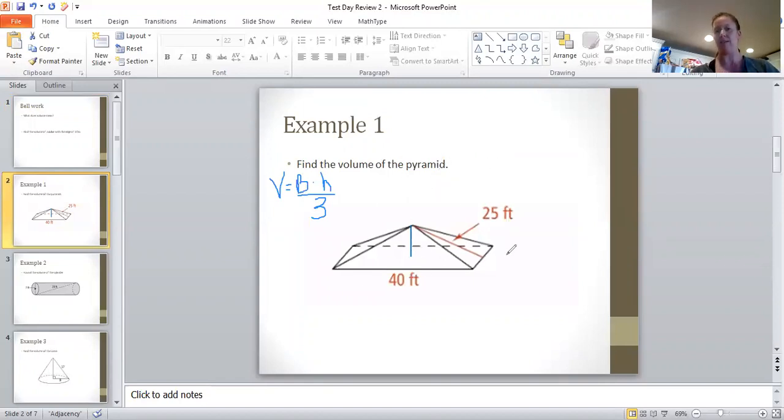It should say that in the example, but it doesn't. So to find the area of the base, we simply do 40 times 40, right? Because it's length times width to find the area of the base. And when I do that, I get 1,600. So we have 1,600 for the area of our base.